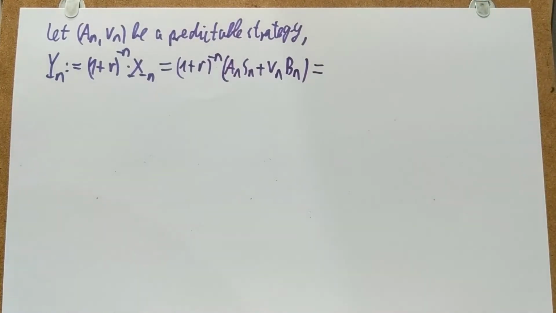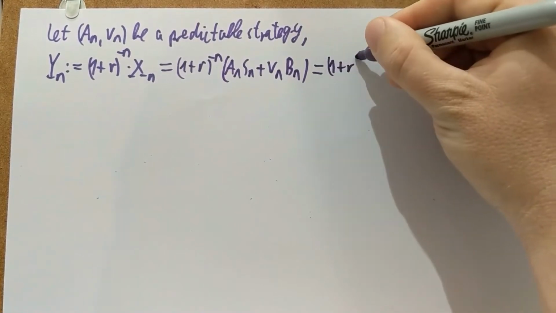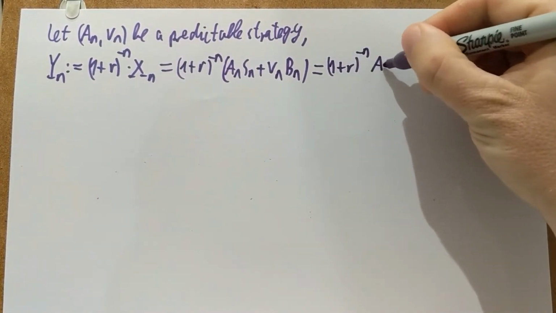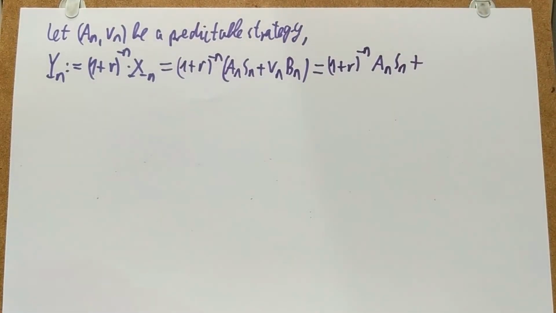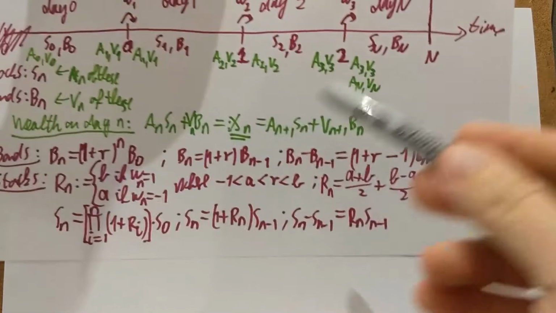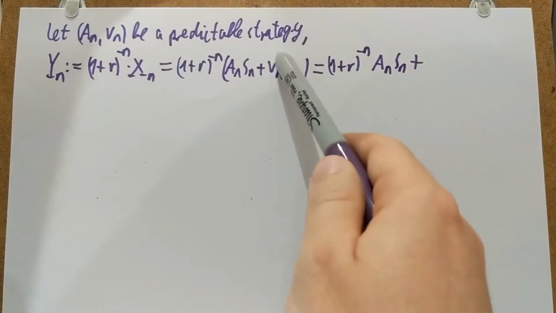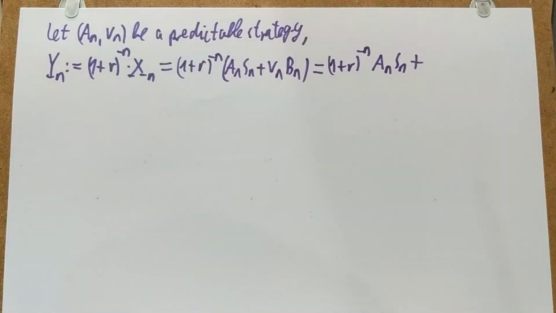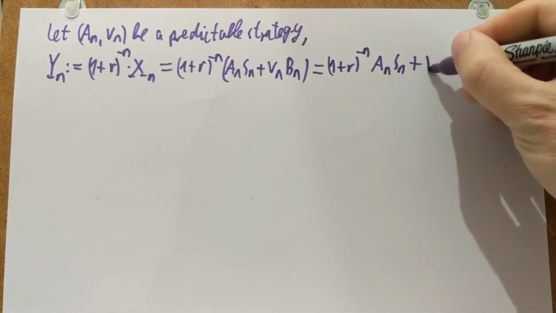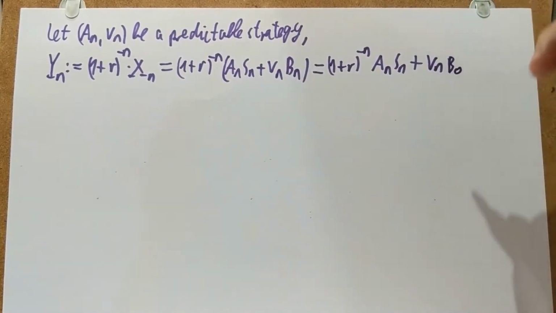From here, I do (1 plus r) to the minus n times An Sn for the first bit. I'm not changing that. But then (1 plus r) to the minus n times Bn is just B naught. So this bit here, Bn times (1 plus r) to the minus n, is simply B naught. And that tells me that I have the Vn, and then (1 plus r) to the minus n Bn, that's B naught. So that's one way of writing it.